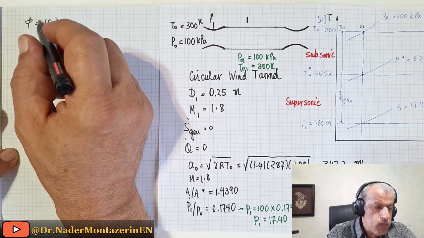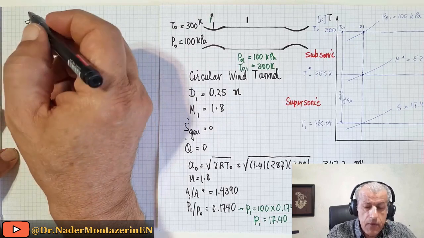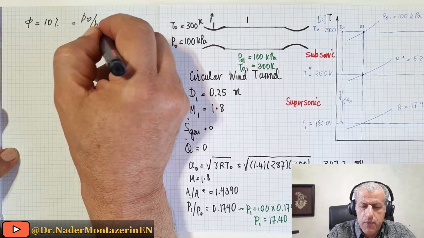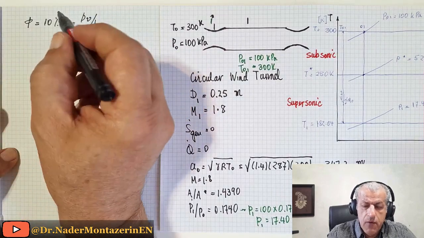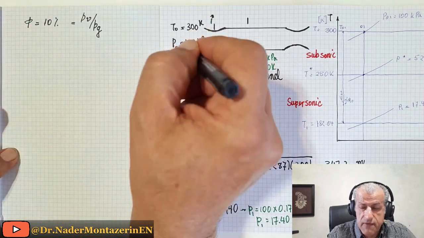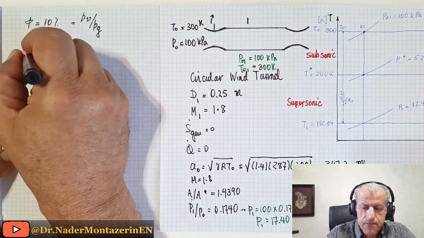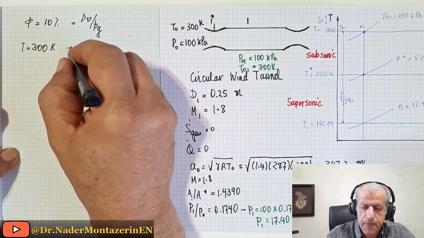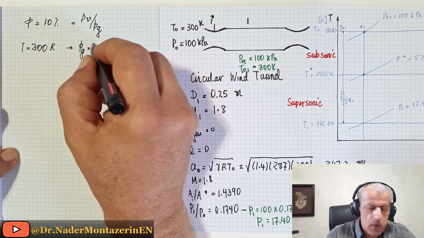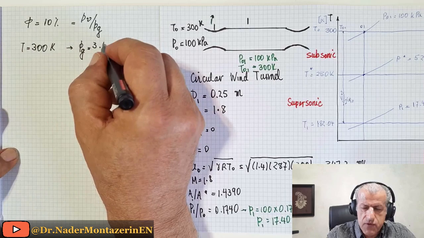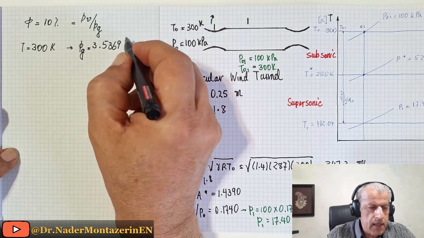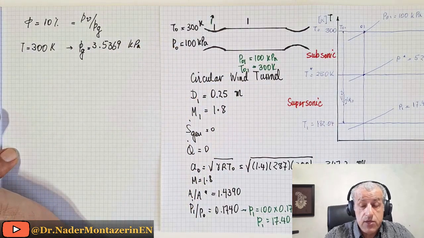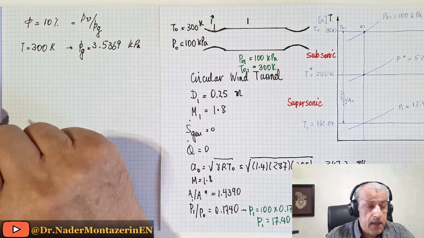Now, we know that φ equals Pv over Pg, and for the temperature of 300 Kelvin at entrance, T equals 300 Kelvin, and therefore Pg equals 3.5369 kilopascal. That's the saturation pressure for this temperature.